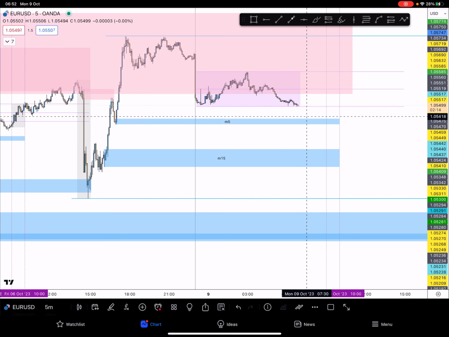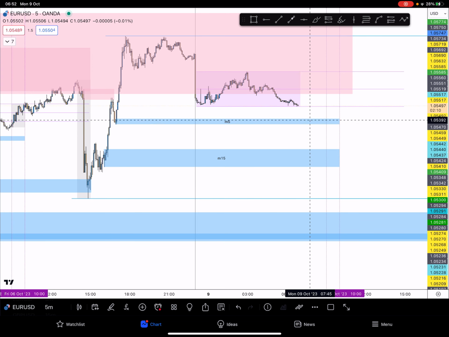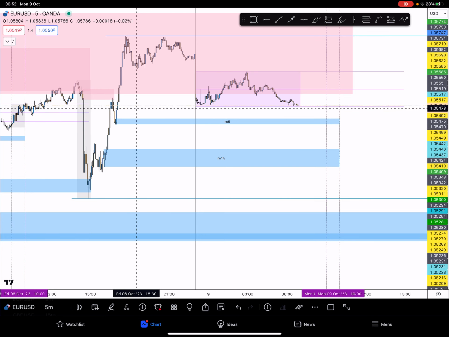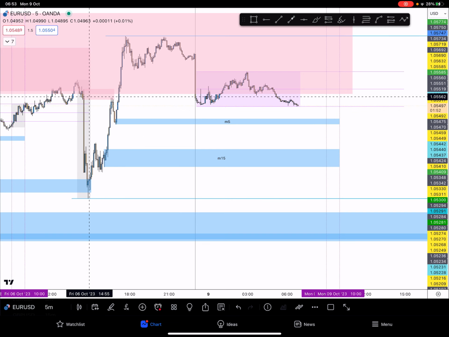We might invalidate to show that we actually want to go down, but for me it makes sense. I don't just take this zone because it broke, but there's a lot of reason. This is a demand zone that came from a supply zone, and everything just connects.